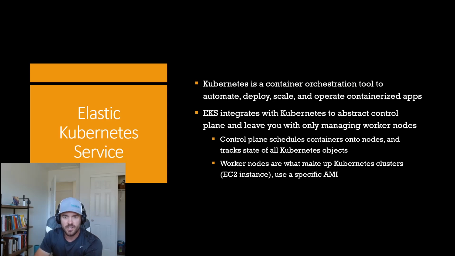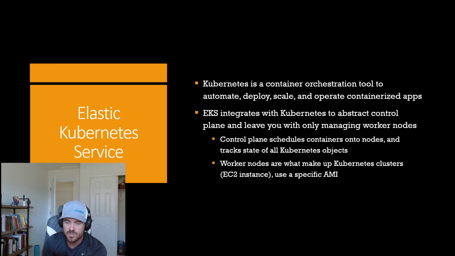Right? Elastic Kubernetes Service is used to support Kubernetes, which is a container orchestration tool designed to automate, deploy, scale, and operate your containerized applications. It integrates with Kubernetes to abstract the control plane and leave you only with managing the worker nodes.